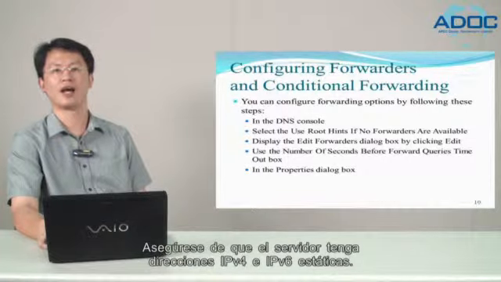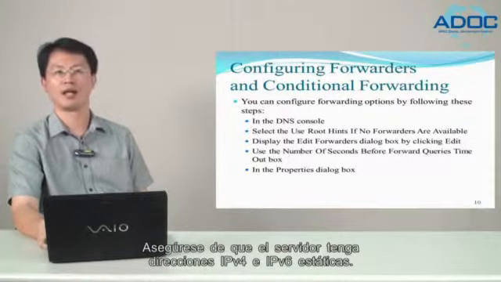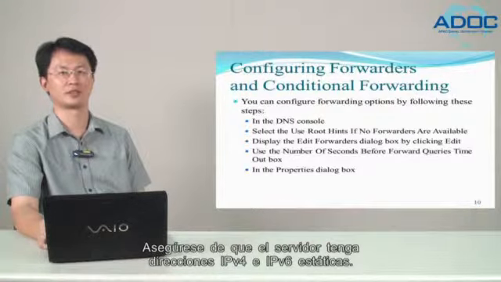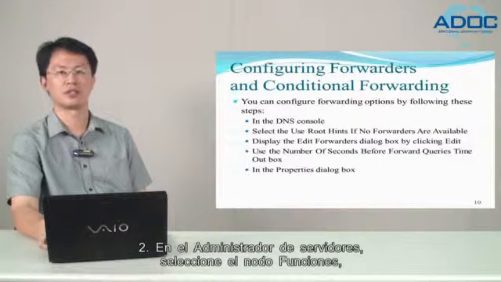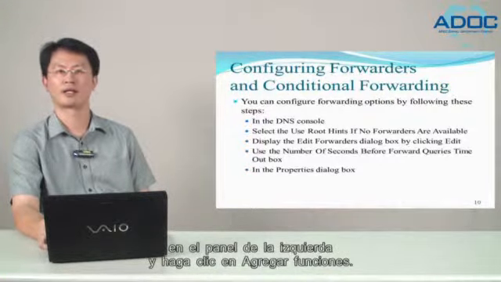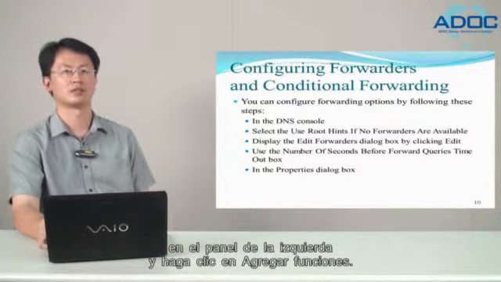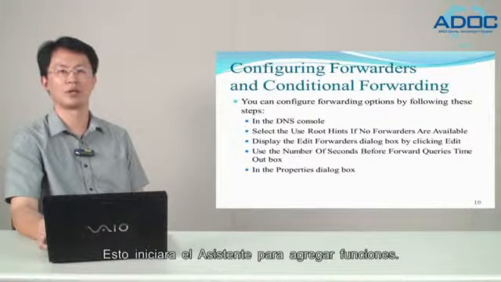Ensure that the server has static IPv4 and IPv6 addresses. Second, in Server Manager, select the Roles node in the left pane and then click Add Roles. This starts the Add Roles wizard.